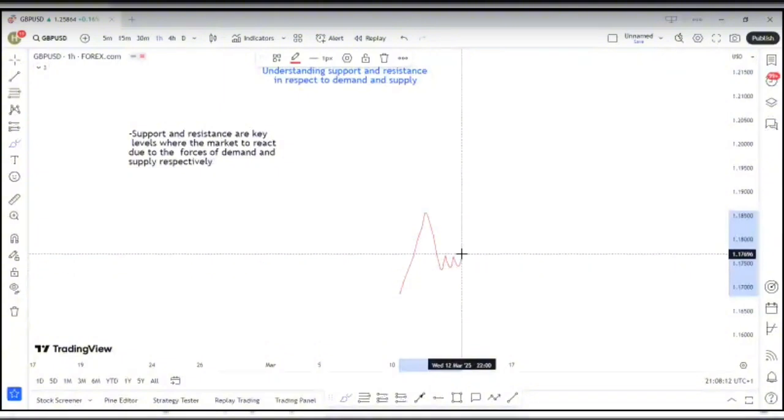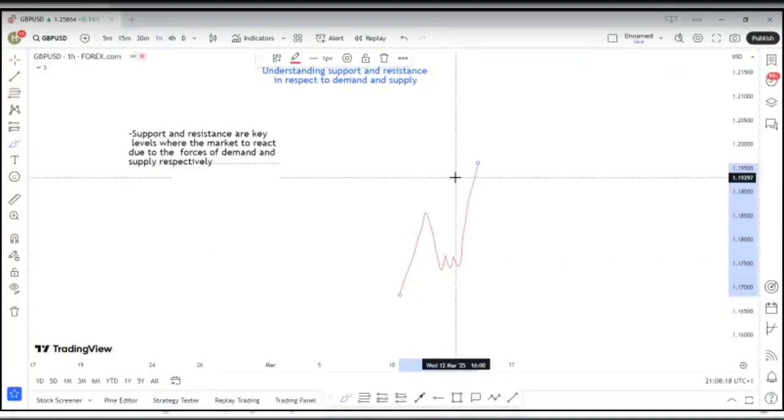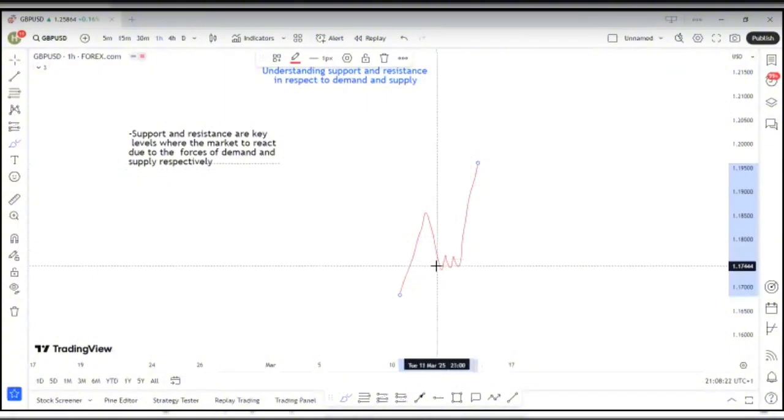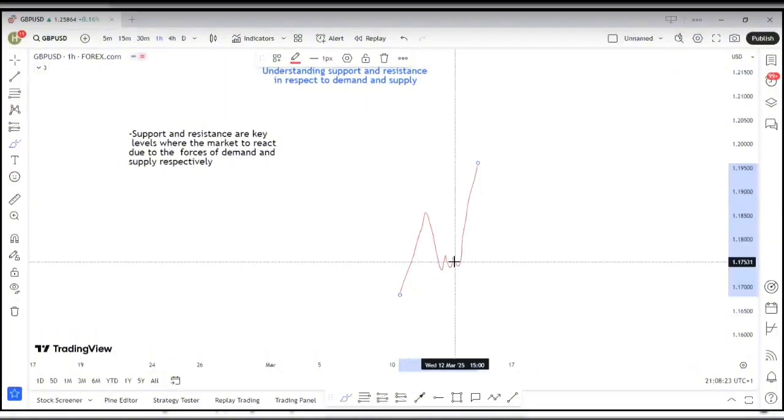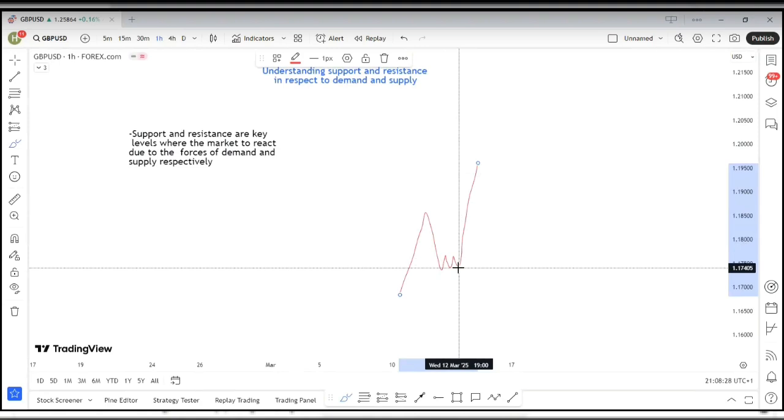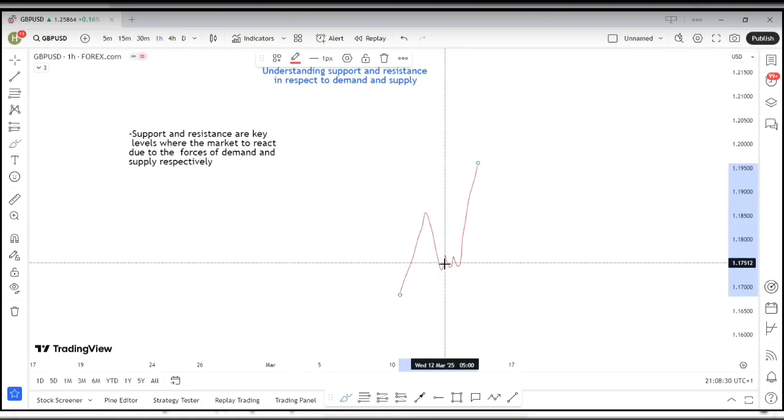Then we have an impulse where the buyers push price up and break the recent high. So this zone, where we had a little range that buyers finally broke, is our demand zone. Why?